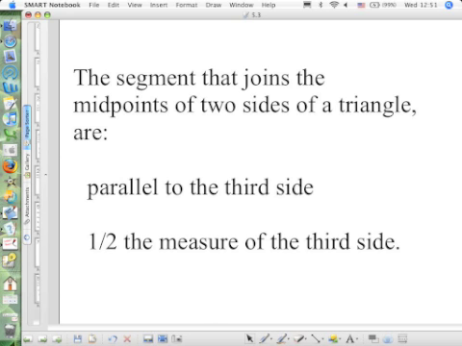If you know that you have a triangle and this has a measure of 10 and this has a measure of 5, what do you know automatically? Since this is half of 10, these must be the midpoints.